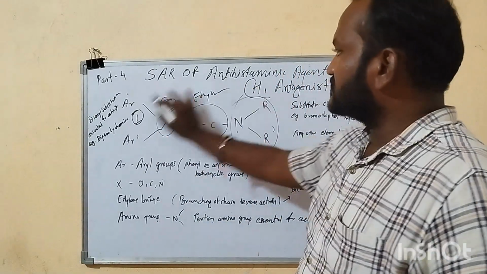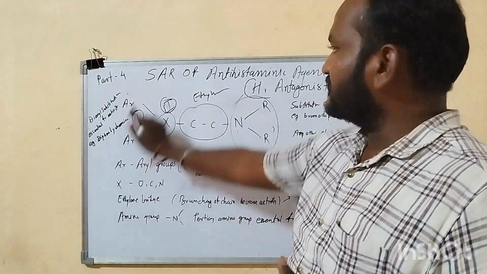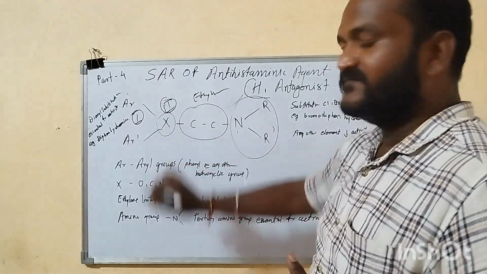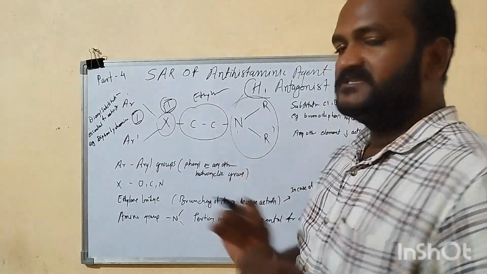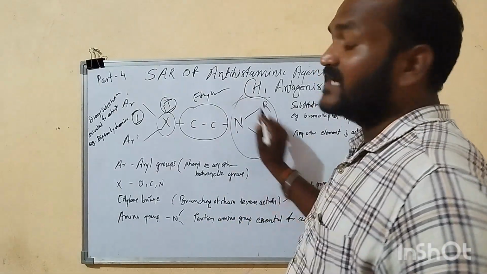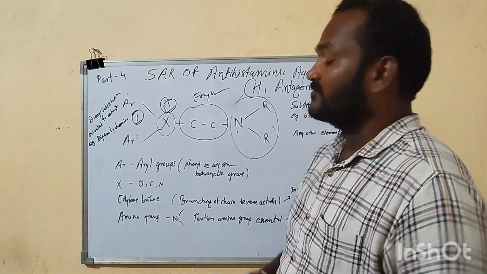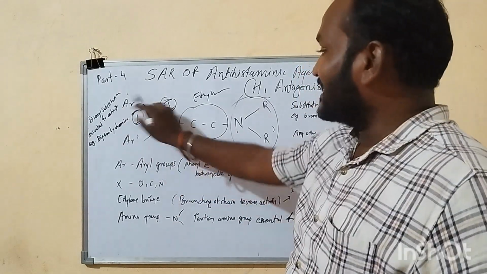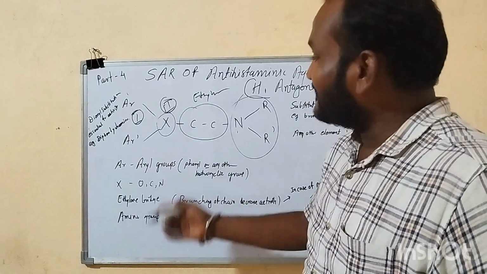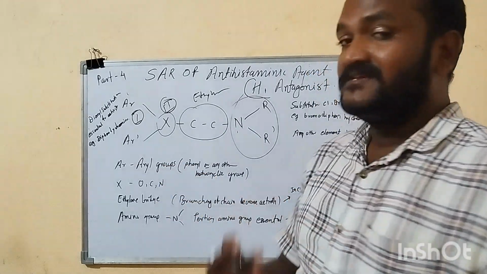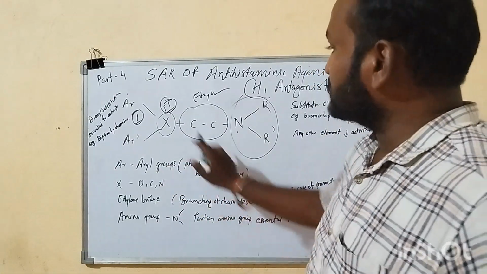So it is clear now. There are 4 parts in the basic structure. First is the aryl group, second is X, the different types of elements, next is the ethylene bridge, and last is the amino group. First of all, we will discuss the aryl groups. We can add any aryl groups like phenyl rings or heterocyclic compounds here.